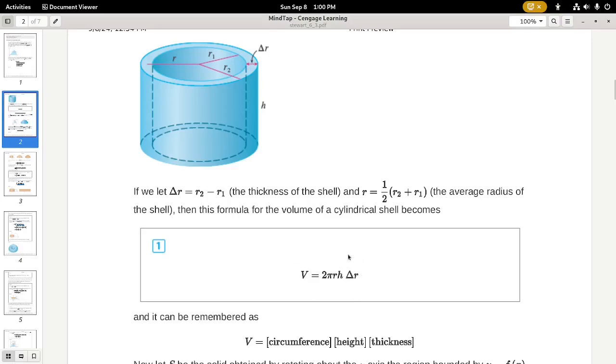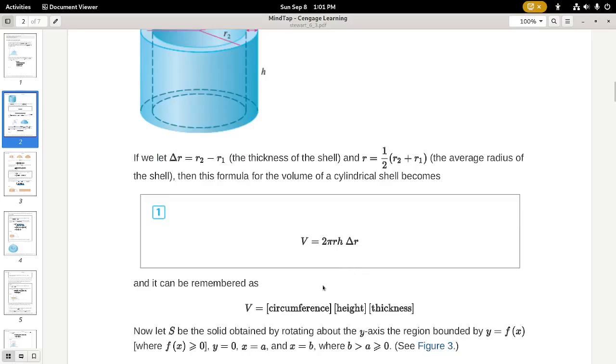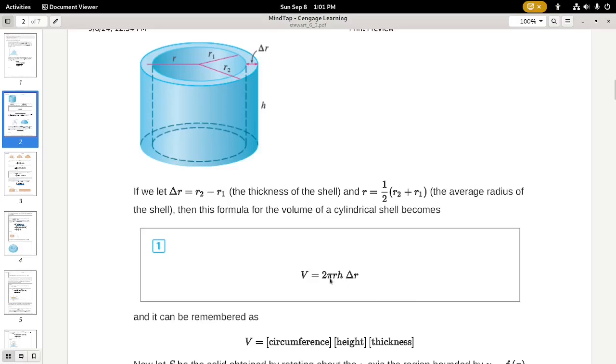And now the reason why we rewrote the volume in this way is because it gives us an easy way to remember it. This 2 pi r is the circumference of this cylindrical shell.